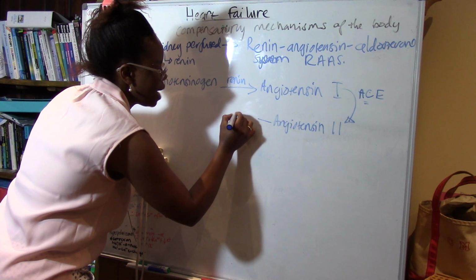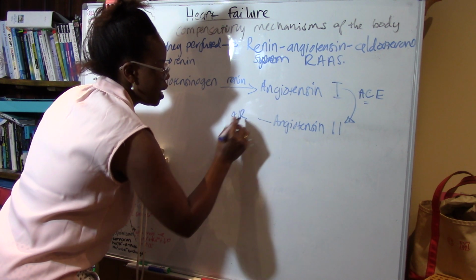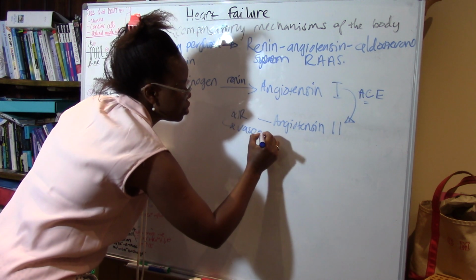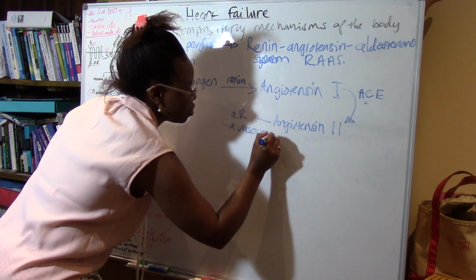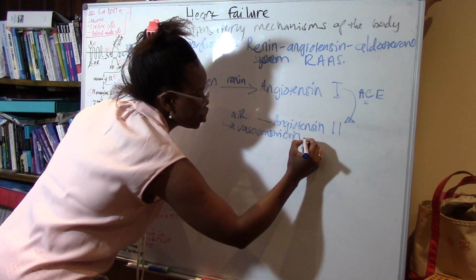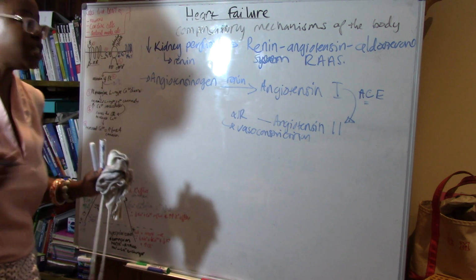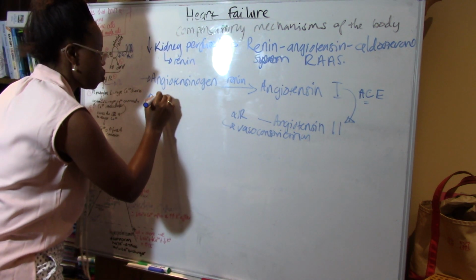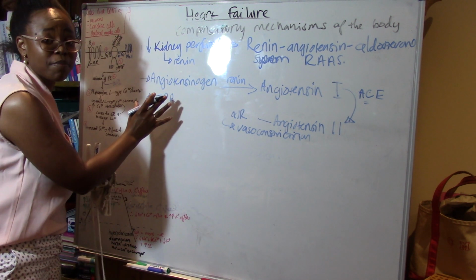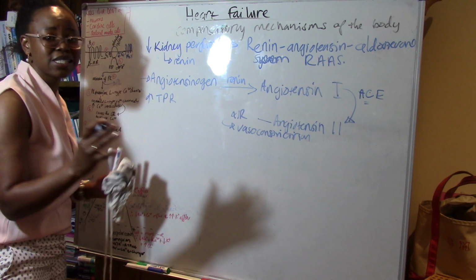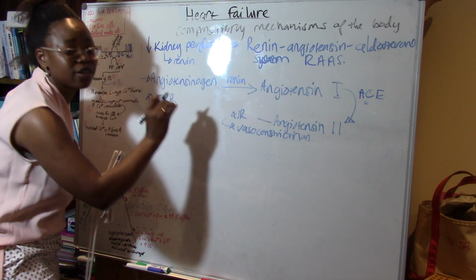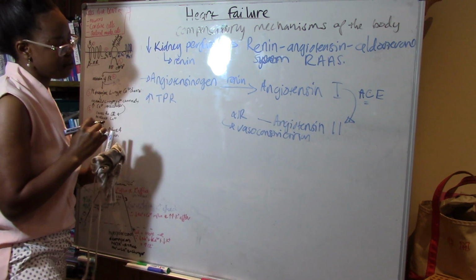It binds onto the receptors and causes vasoconstriction. And vasoconstriction obviously increases total peripheral resistance.